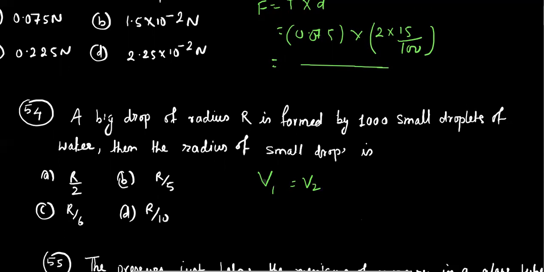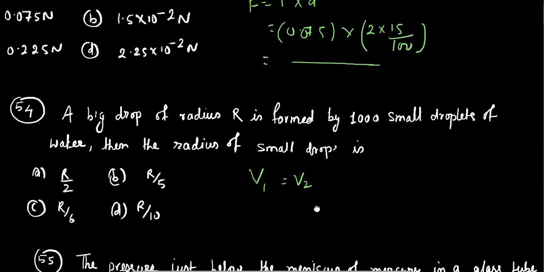This is the concept of conservation of volume, but in my personal view it must be conservation of mass, because the total mass of substance here remains constant. So from conservation of mass as well, we can write the expression as V1 rho and V2 rho, and I'm going to cancel it.